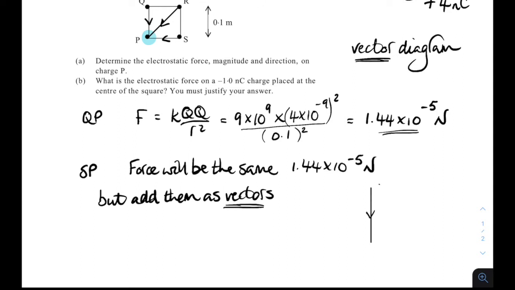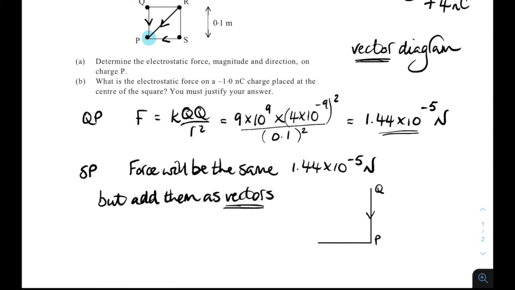So if we draw a little right angled triangle here, there's my vector Q to P, and there is my vector showing me S to P. Then, if we join them up, that hypotenuse of that triangle will be the resultant force produced by both the forces from those charges.